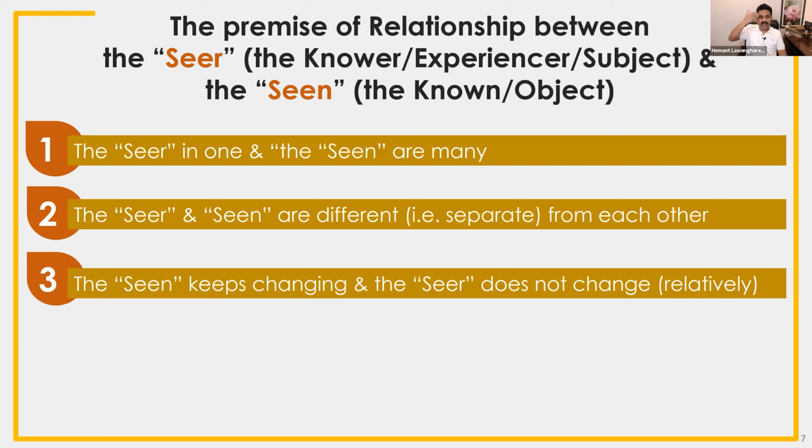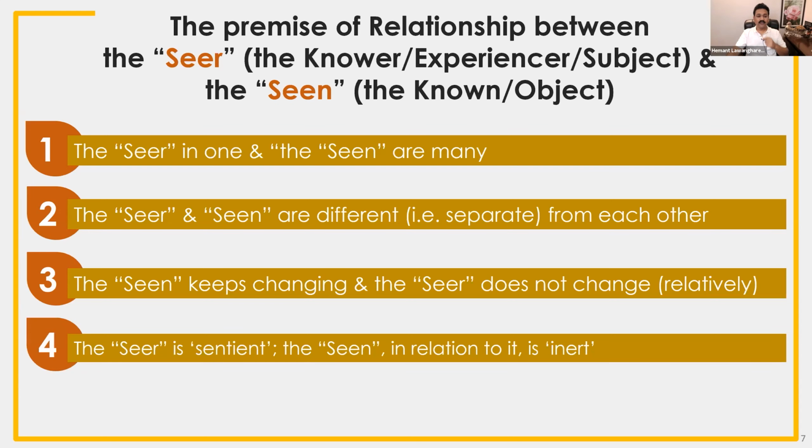And keep this in mind. Why? Because once we understand this concept, you are going to relate it with the conditions, right? So the seer is sentient. That is, the seer can experience feelings. My eyes can experience the feelings. But the seen are the things, objects, right?